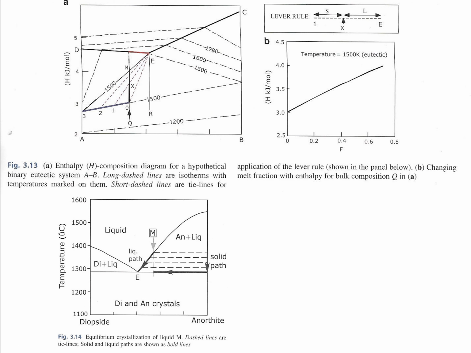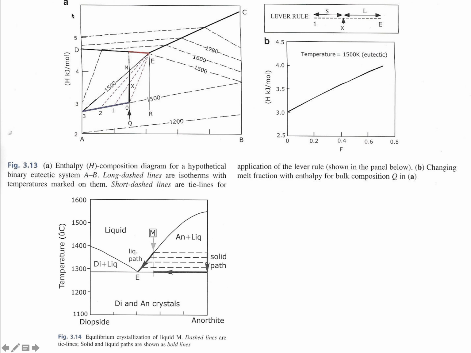So here we have number A, an enthalpy-composition diagram for a hypothetical binary eutectic system between A and B. That means here we have a mineral A, here a mineral B, or let us better say we are dealing with two phases A and B. And here we have the enthalpy on this side.